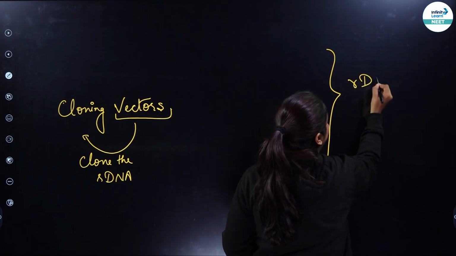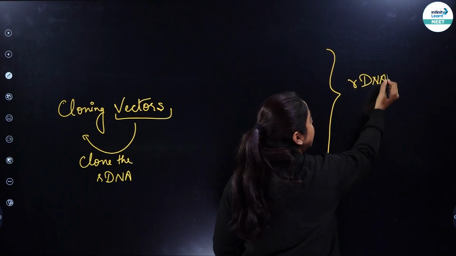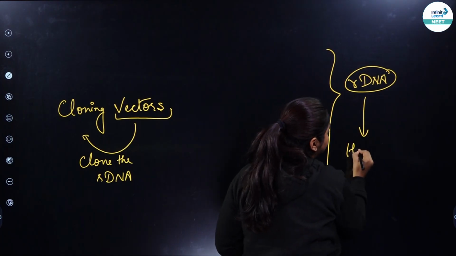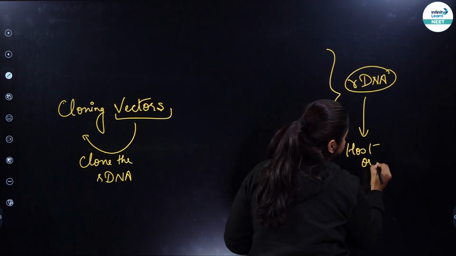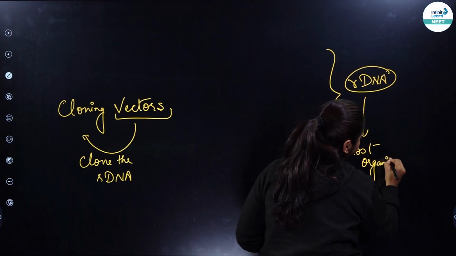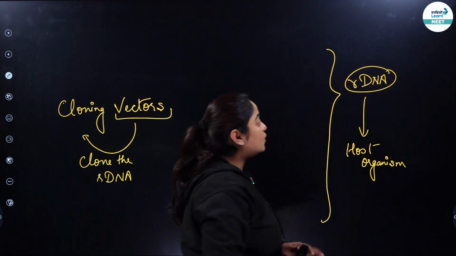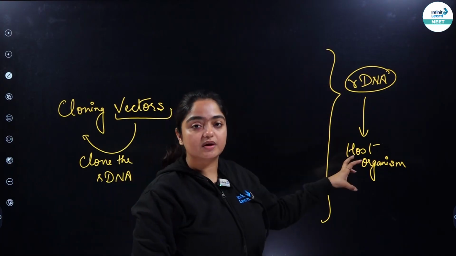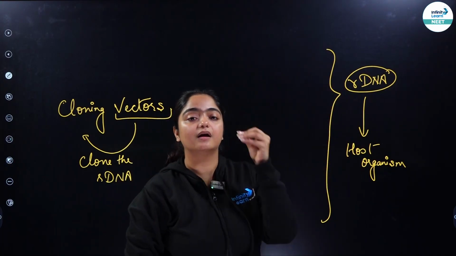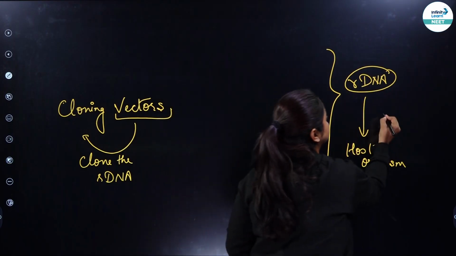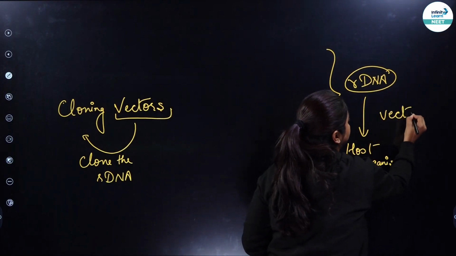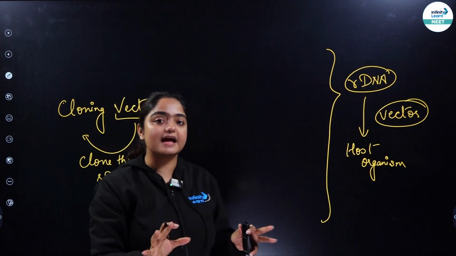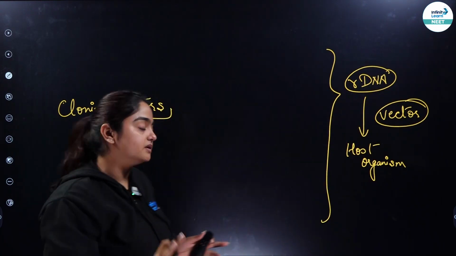We make a recombinant DNA, and this recombinant DNA needs to be introduced into the host organism. The introduction of the recombinant DNA into the host organism will be done with the help of a vector. So we require the vector to clear this particular path, and that's when we call them cloning vectors.